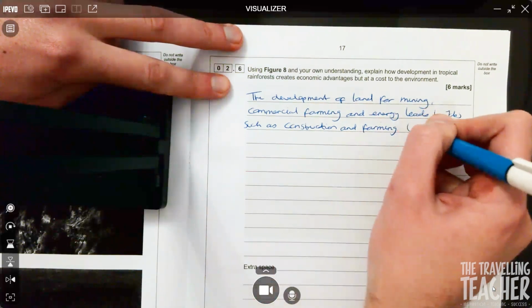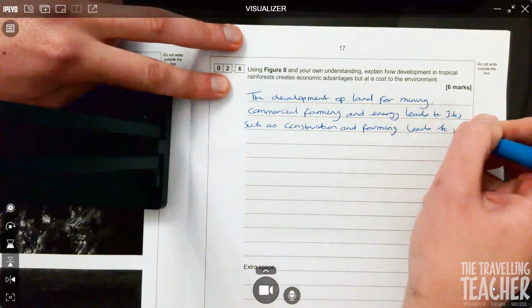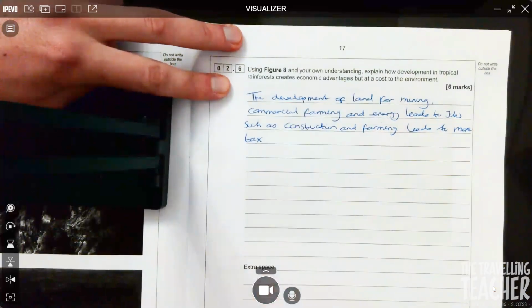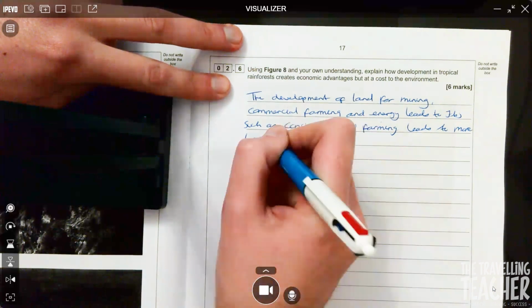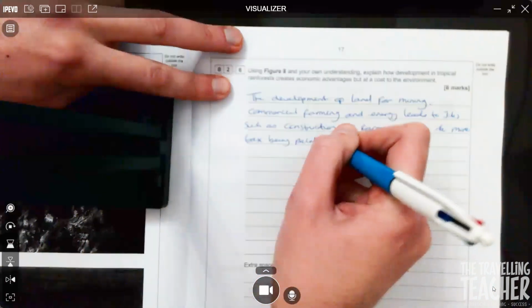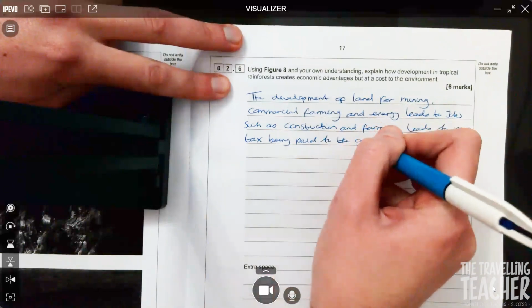This leads to more tax being paid to the government.